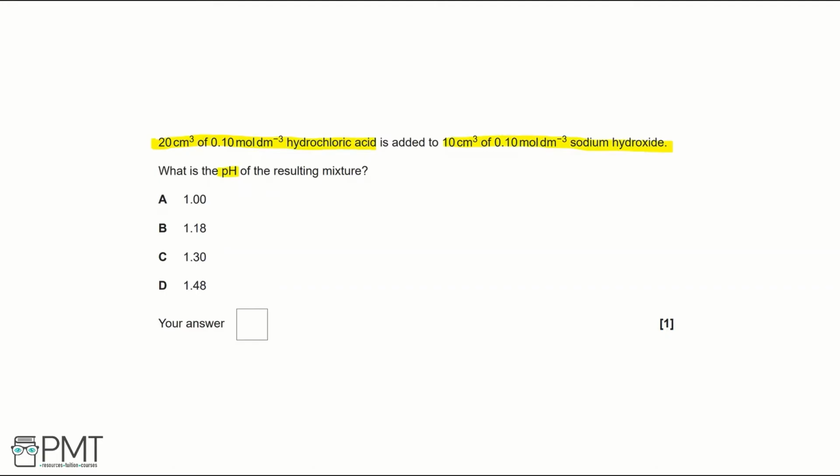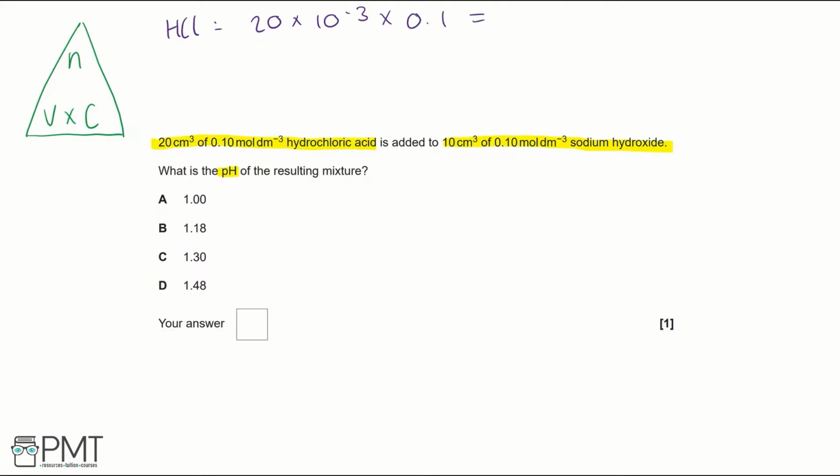So in this question, we're going to be using the equation triangle of number of moles is equal to volume times concentration. So working out number of moles of hydrochloric acid first, that's going to be 20 times 10 to the -3, because we're converting centimeters cubed into decimeters cubed, multiplied by 0.1, and that equals 2 times 10 to the -3 moles.